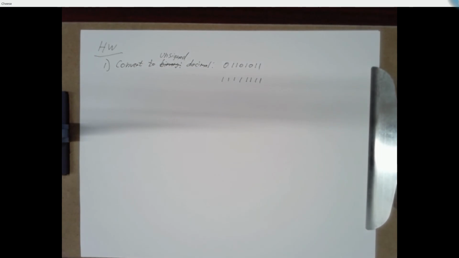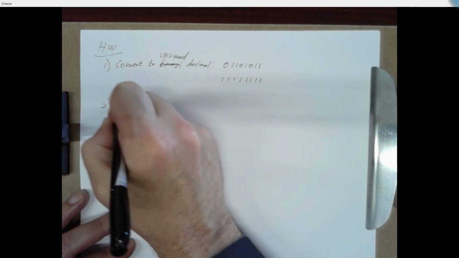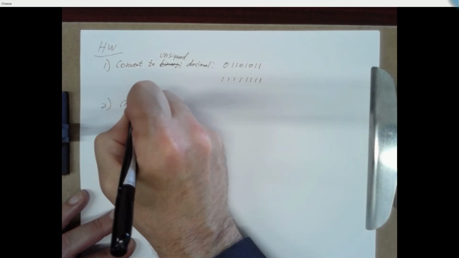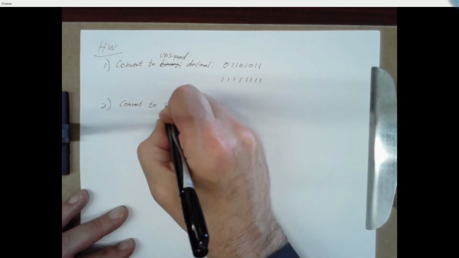So for question 1, convert these to unsigned decimal. Forget about 2's complement. Just convert them to a positive number that they correspond to. For part 2, convert those to signed decimal.